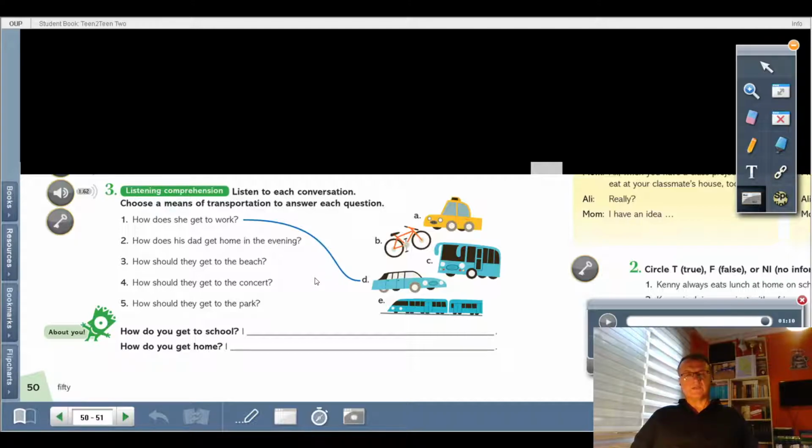Okay, you are going to listen the second time. You are going to listen the second time. Unit 7. Page 50. Vocabulary. Exercise 3. Listening comprehension. Listen to each conversation. Choose a means of transportation to answer each question. 1, How do you get to work? I usually drive. 2, How does your dad get home in the evening? He takes a train. 3, Let's go to the beach, okay?